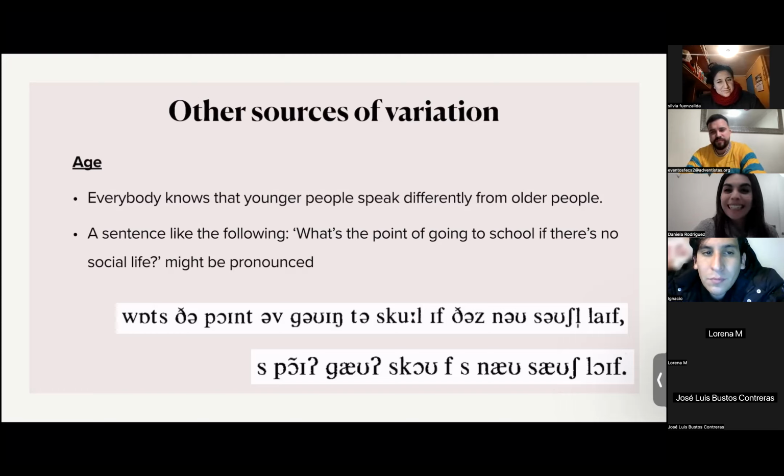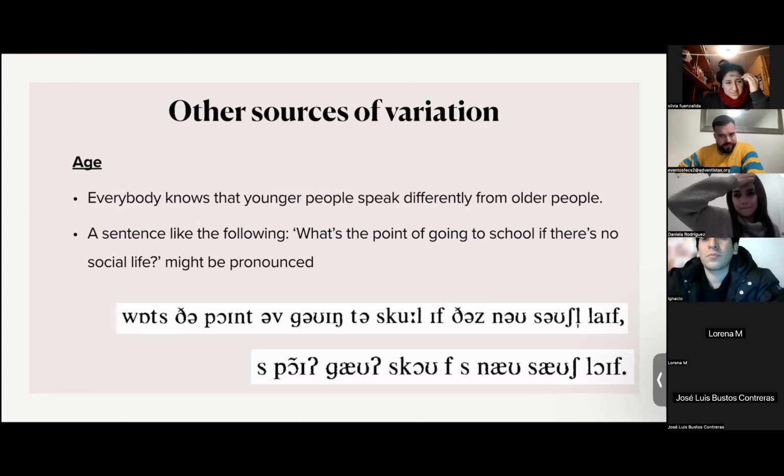What about the reading? What about stress or intonation?